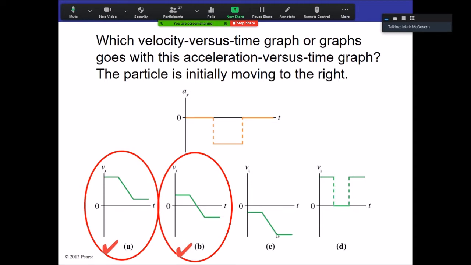So C is wrong. Now, if we're moving to the right, we have a negative acceleration that we're going to experience. That should slow us down. Now, A and B are showing that we're slowing down. The question becomes this. Do we slow down enough to actually change direction? Because this acceleration is going to change our speed. Are we going fast to begin with?